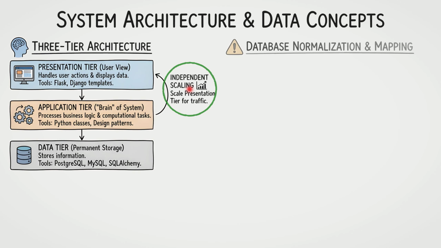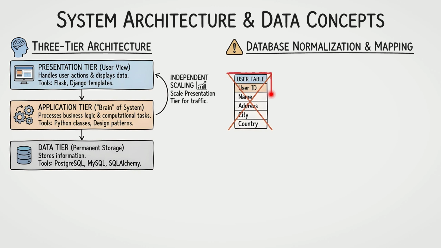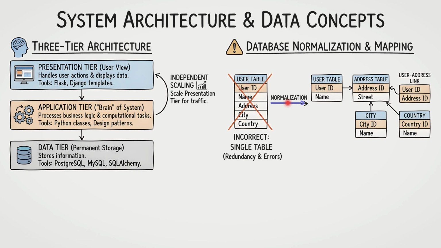Now, over on the database side, it is vital that our Python classes map correctly. Instead of putting everything into one big redundant table, which causes errors, we use database normalization to break data into smaller, connected tables. Take a user and address, for example.